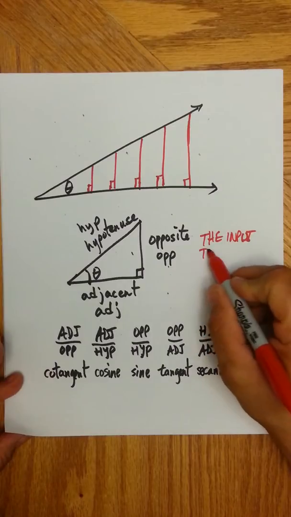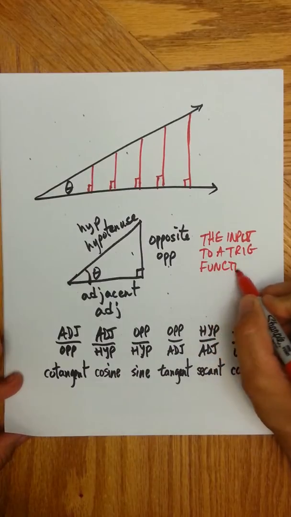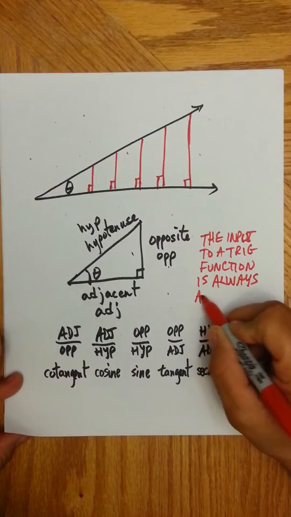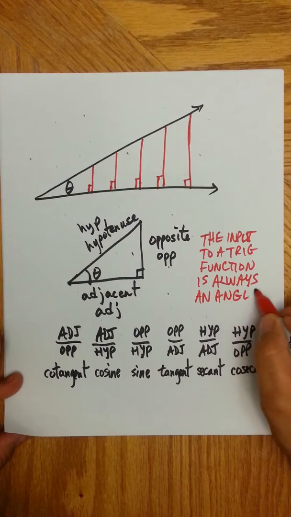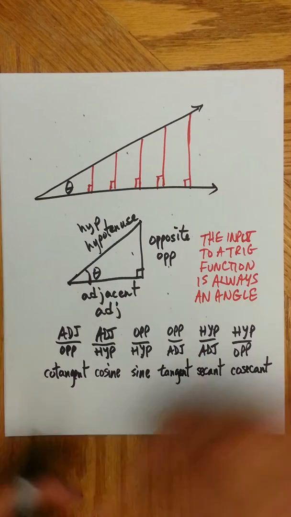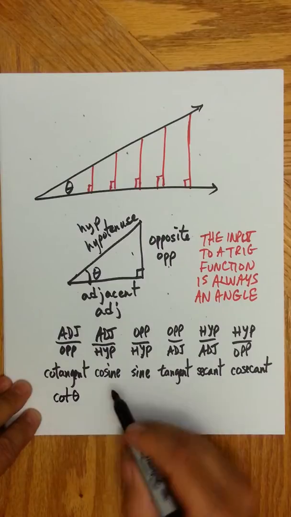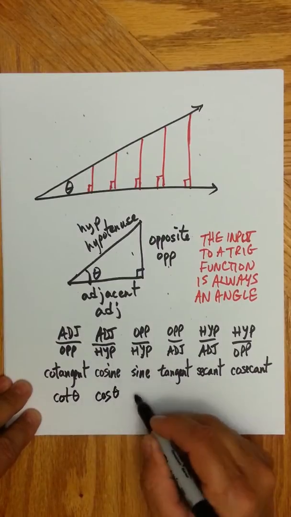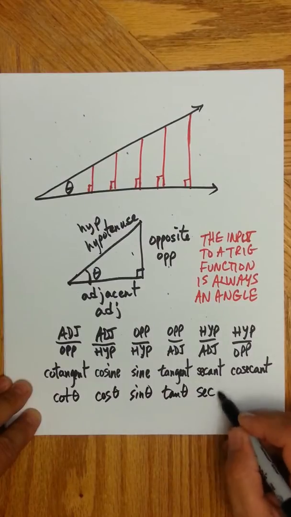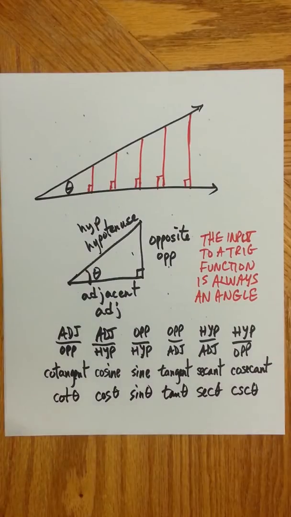The input to a trig function is always an angle, because you're trying to find the ratio that's formed from the right triangle because of that angle. So how we write this is cotangent of theta. Then you have to have that input. We have cosine of theta, sine of theta, tangent of theta, secant of theta, and cosecant of theta. Okay, so those are the 6 different trigonometric ratios.